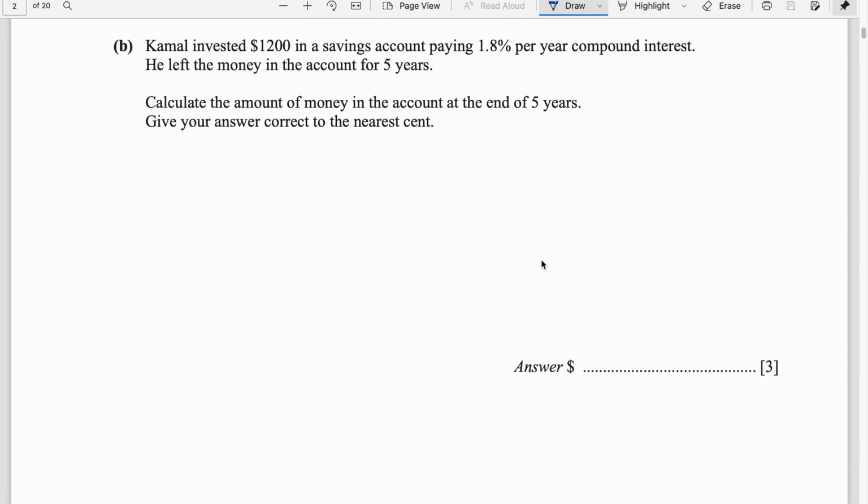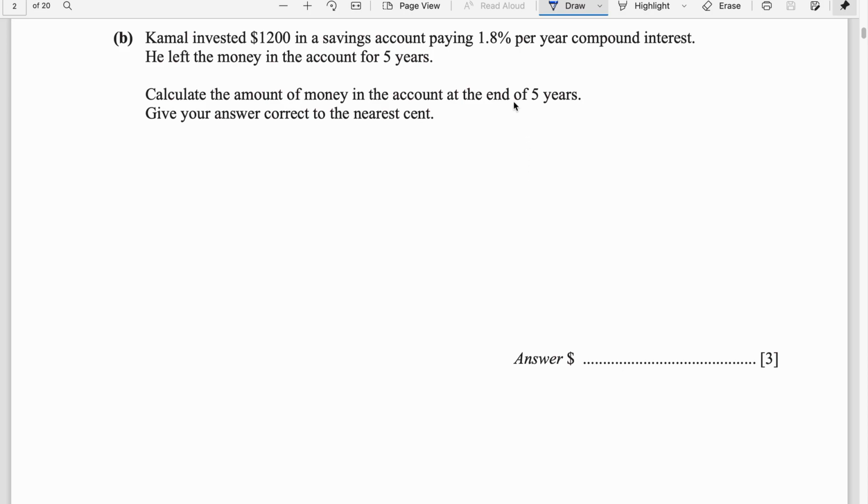Kamal invested 1,200 in a savings account, paying 1.8% per year compound interest. He left the money in the account for 5 years. Calculate the amount of money in the account at the end of 5 years, giving your answer correct to the nearest cent.